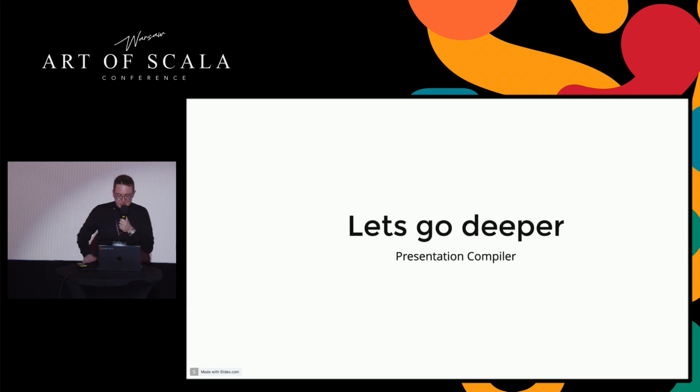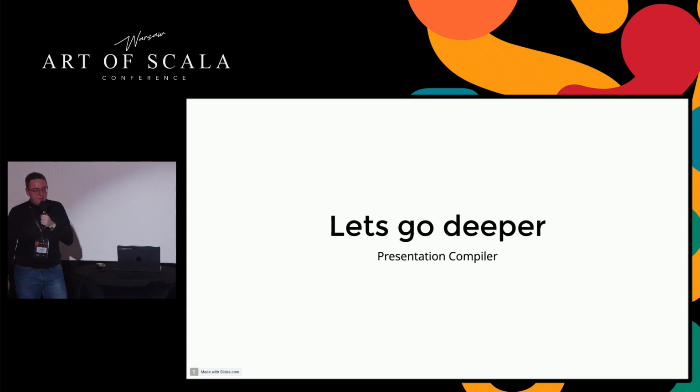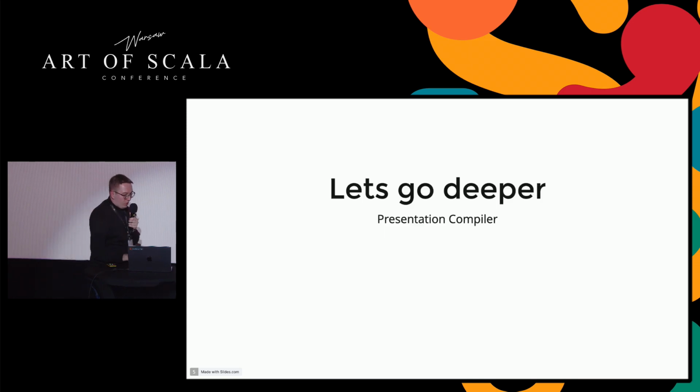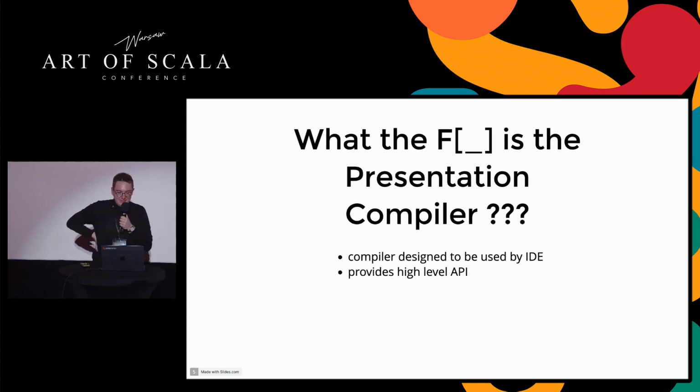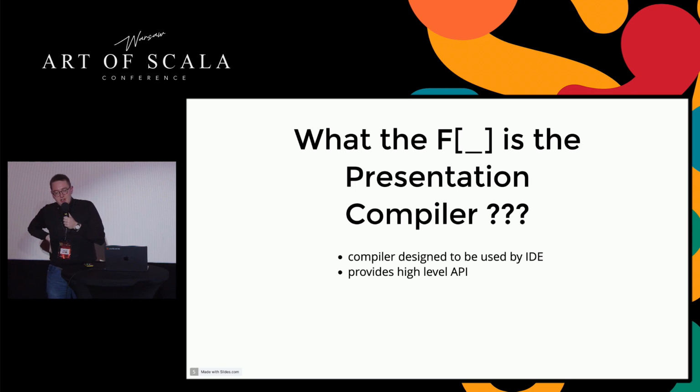We are going deeper. So we will go directly into the presentation compiler. So what is the presentation compiler? Well, the definition changed throughout the years, but my understanding of it nowadays is that it is basically a wrapper for a compiler designed to be used by an IDE, which also provides us with a high-level API for those IDE features like completions.